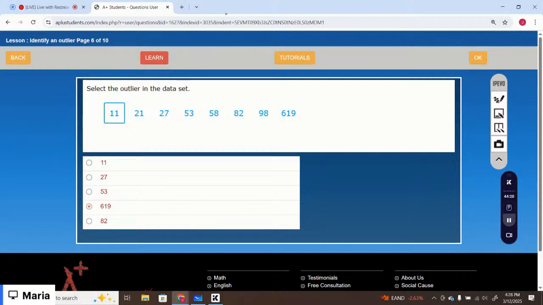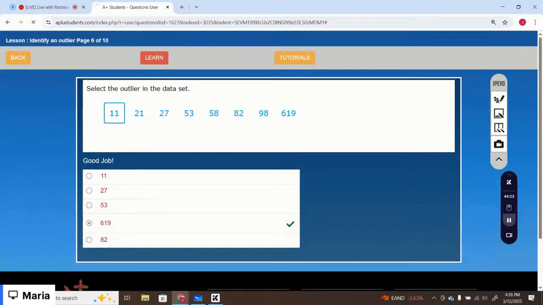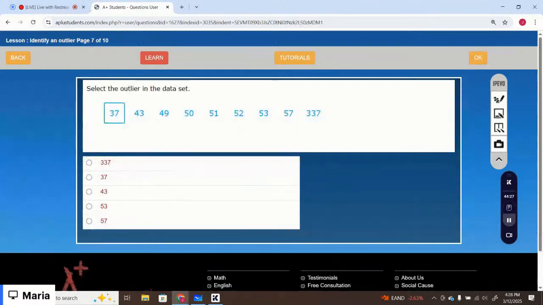The fourth option is the correct option. That is 337. Option number 1 is the correct option.